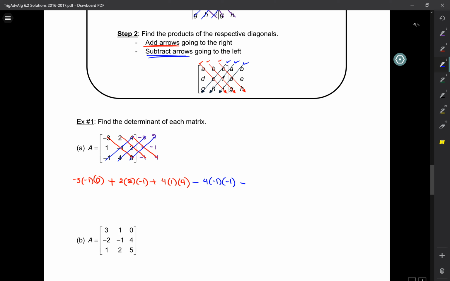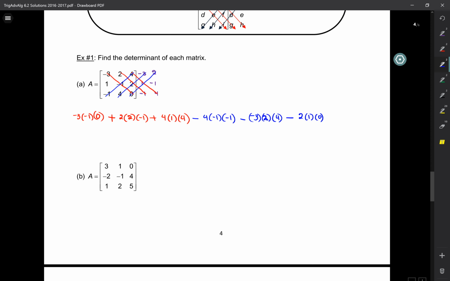Minus, and I go back. -3 times 1 times 2 times 4. Minus 2 times 1 times 0. Does that make sense? It's just in one line, and now we're just going to add and subtract all of them.